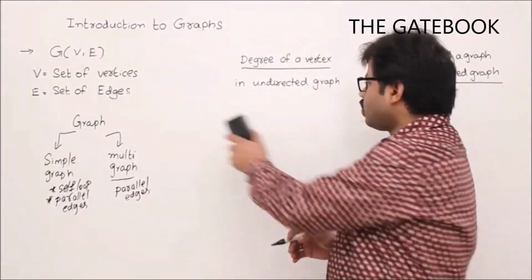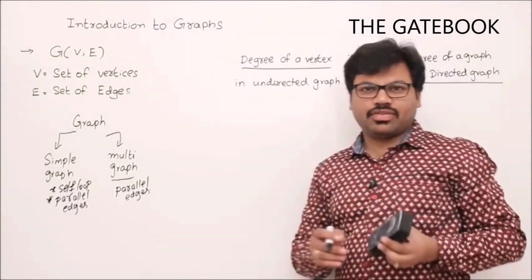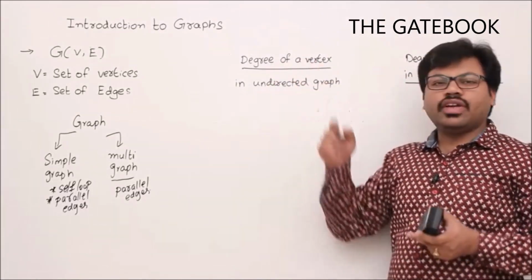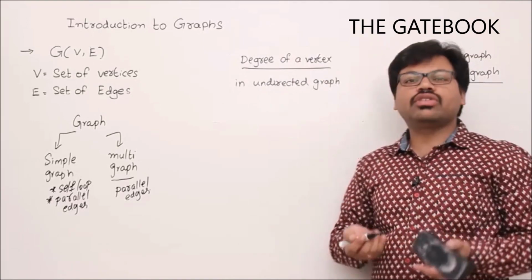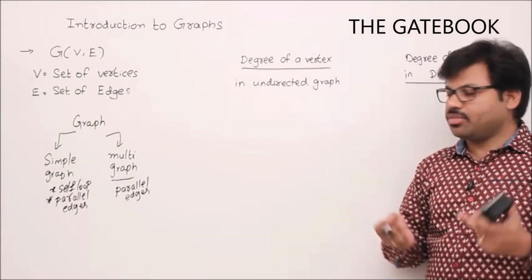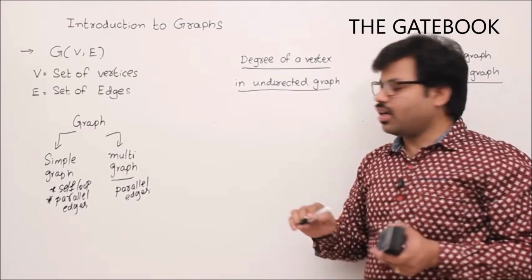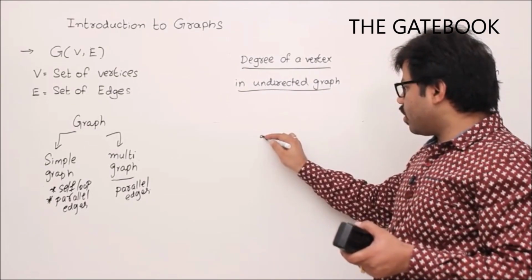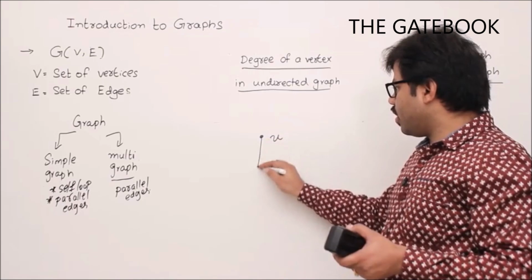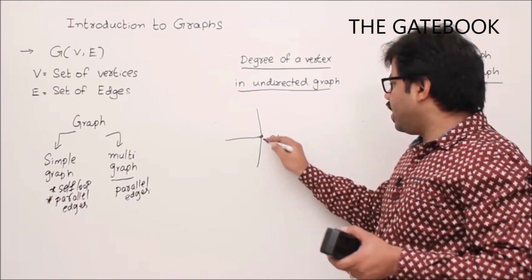Now let's see some properties of graphs. First one is degree of a vertex. We are going to use this degree of a vertex so many times. Let's begin with an undirected graph. Let me focus on one vertex u. Degree of u is 4.